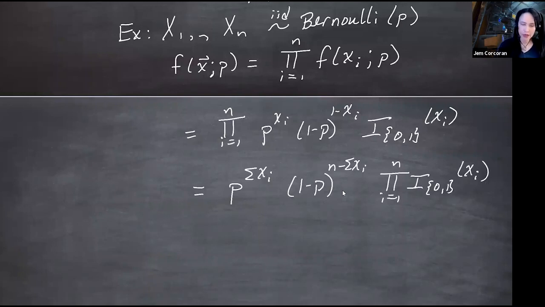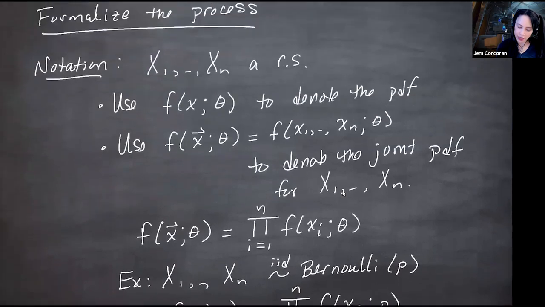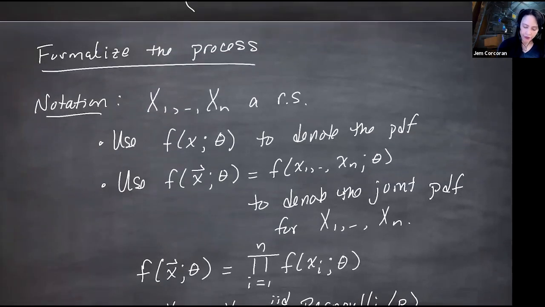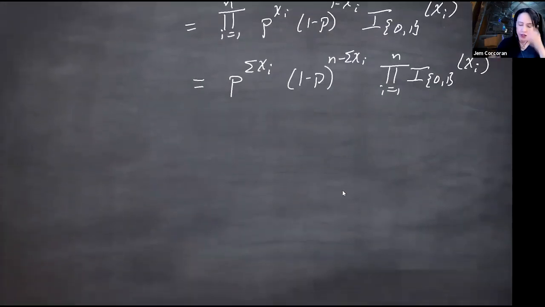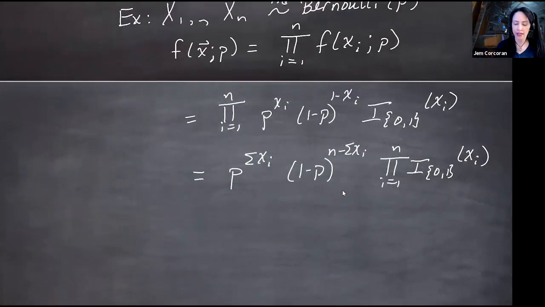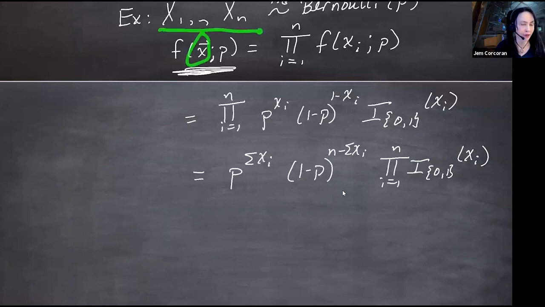So the next thing I want to put on this list of notation slash definitions is something called a likelihood function. Remember, our goal in this discrete case, this is the joint probability, the probability of seeing this particular vector of x's for this random sample.